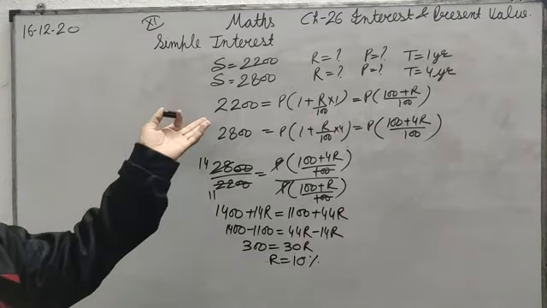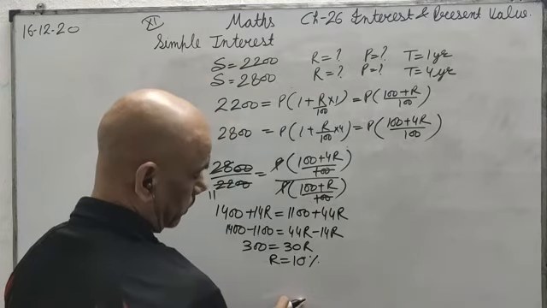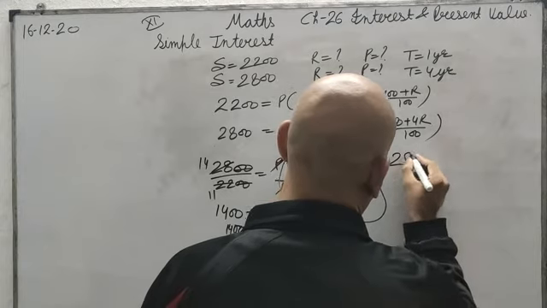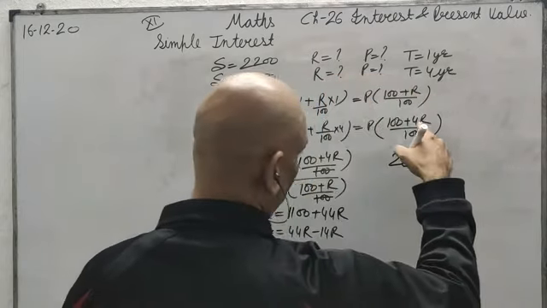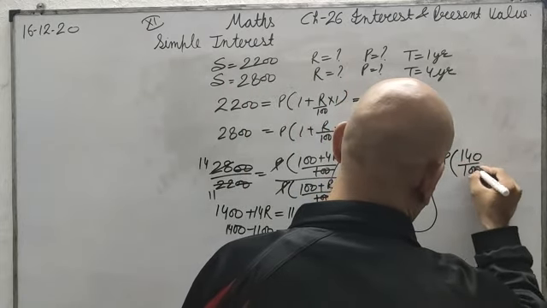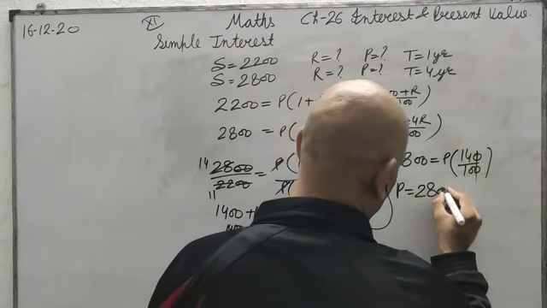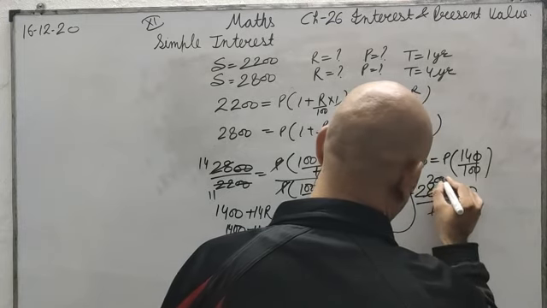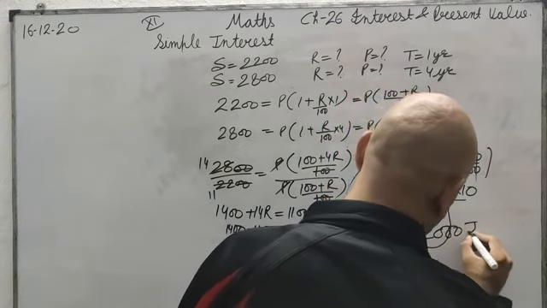Now let me substitute R in this equation or that one, you can get the value of P. So 2,800 is equal to P into 140 upon 100. 0 and 0 are cancelled. So P of mine is 2,800 into 10 upon 14, 2s are 2,000. So principal was 2,000 rupees.